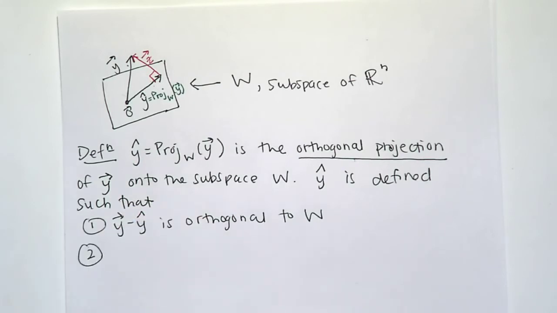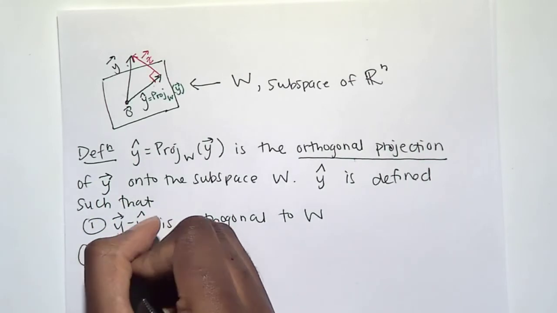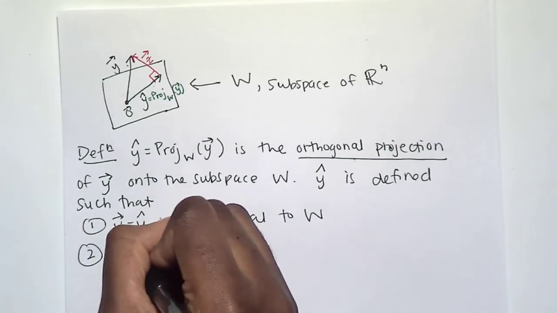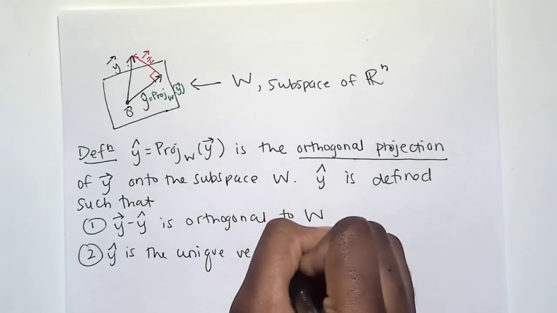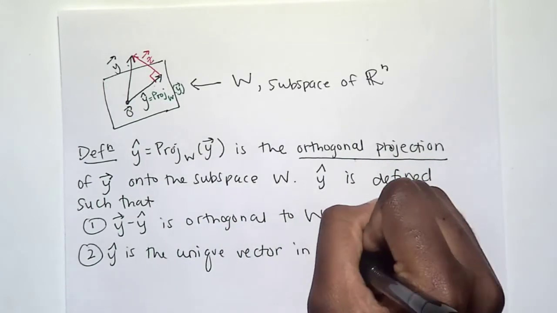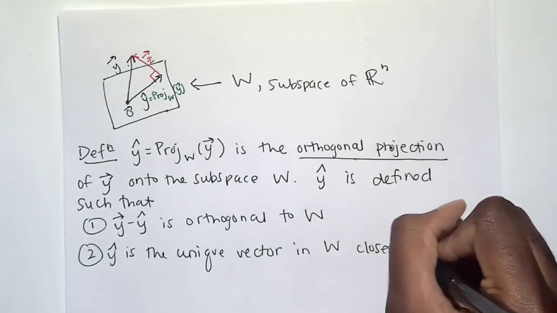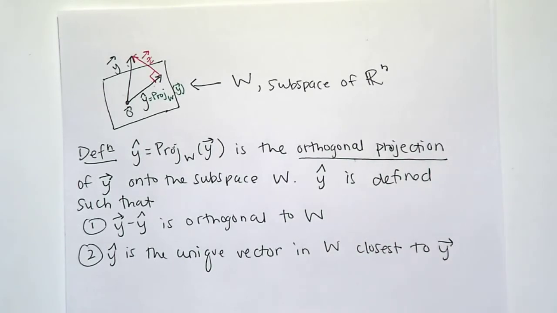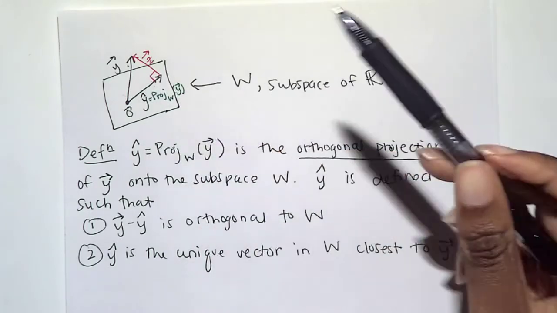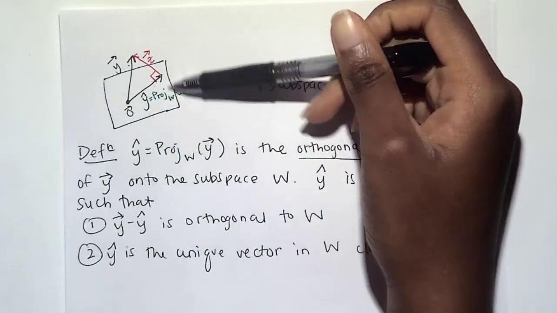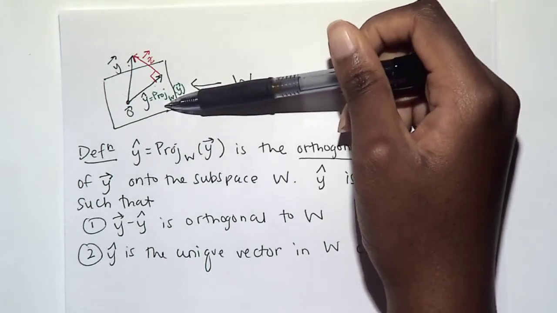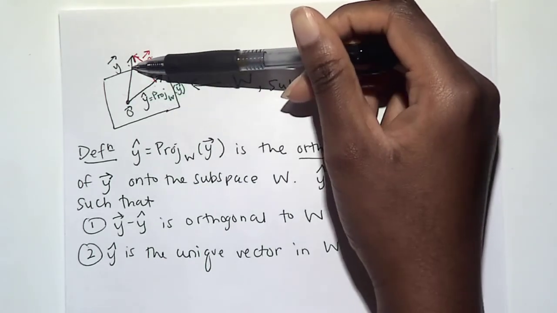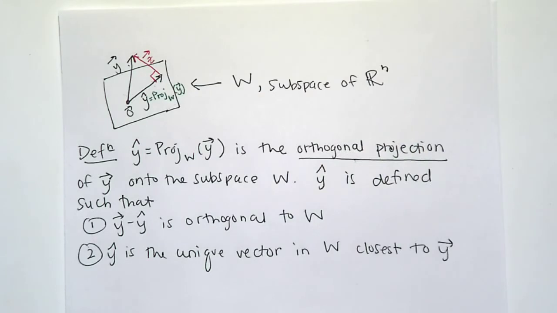And then number two, y hat is the unique vector in W closest to y. So if you think of W, the subspace, having maybe infinitely many vectors inside of it, y hat is the one that's closest to y, which is not inside of it.